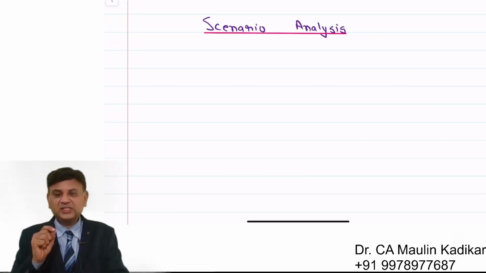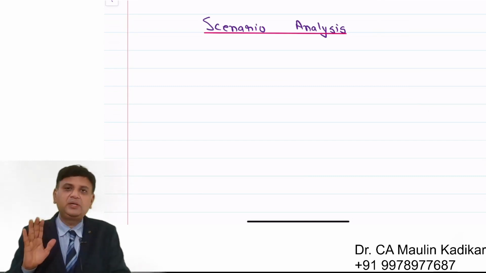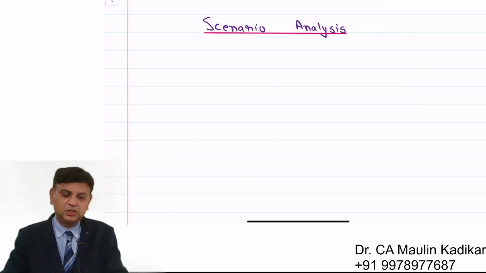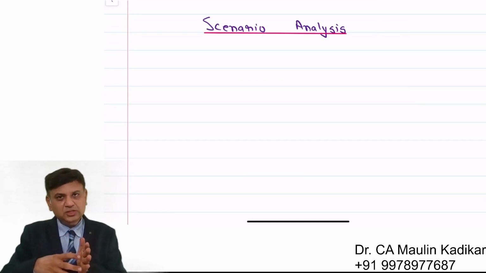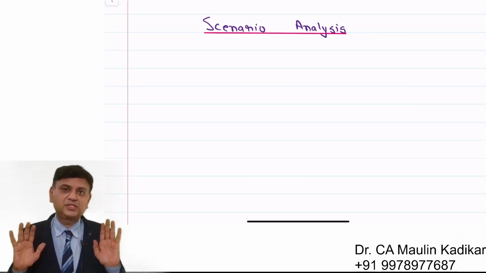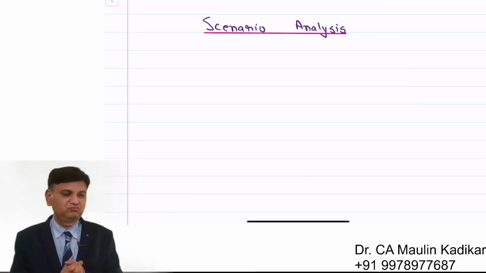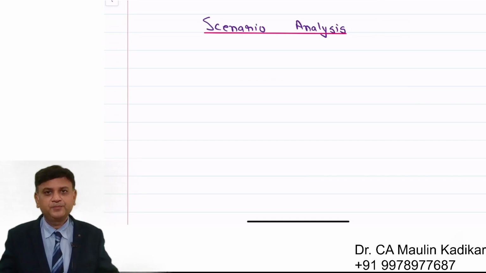Means once there is a change in one variable, then there is a change in only that variable. All other variables are going to remain same. So if at all the selling price reduces, then only selling price reduces. Nothing else happens. That is the kind of assumption that we make. But practically it is not correct.